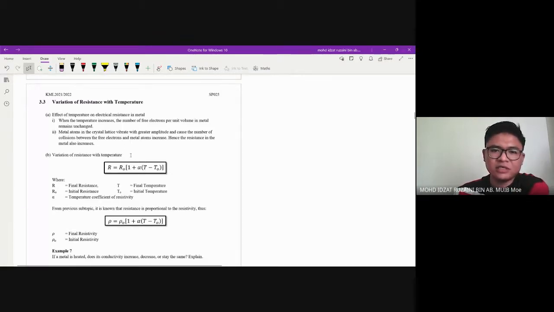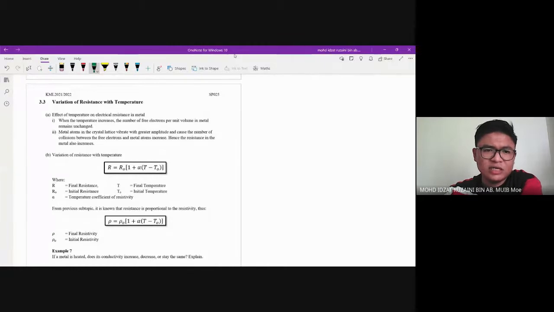Kerana temperature is related to the resistance sebenarnya. Variation of resistance with temperature. Okay, maksudnya apa? Kamu kena faham ya, semakin tinggi temperature, semakin tinggi kita punya resistance lah. Boleh? Okay, so in this case, why the temperature increase?